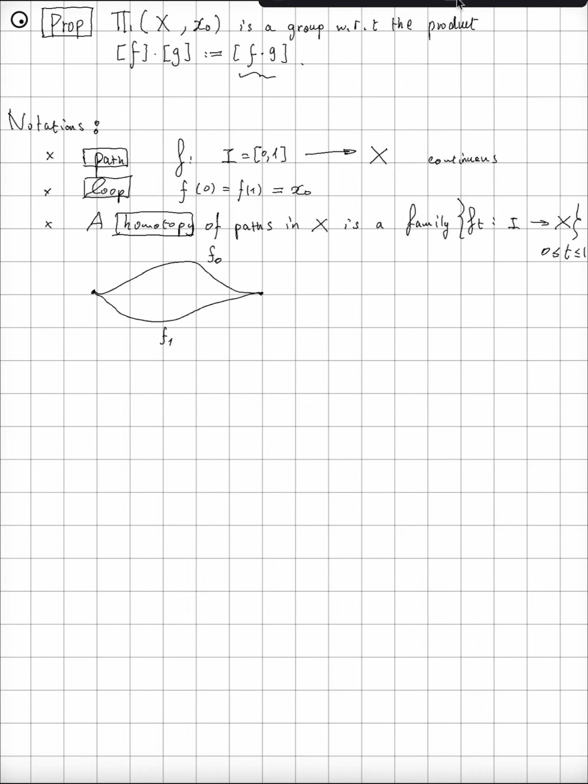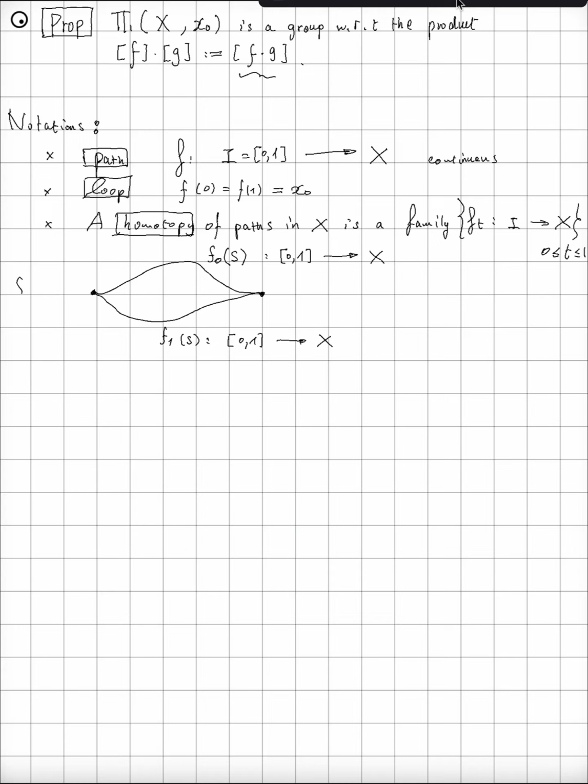The way is that it changes smoothly by a family in the following sense. f0 itself is a path, so if we put the unknown as s, this is a continuous function from [0,1] to X, where s takes values between 0 and 1. Similarly, f1 is again a path from the closed interval to X, and they have the same endpoints.